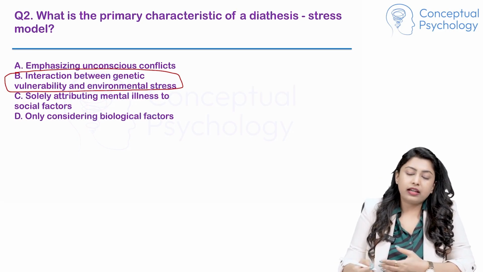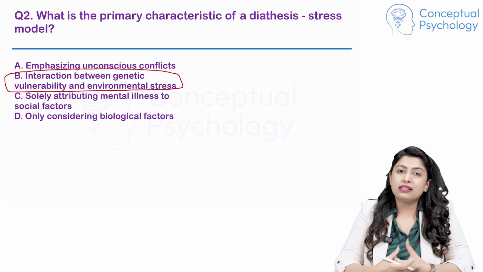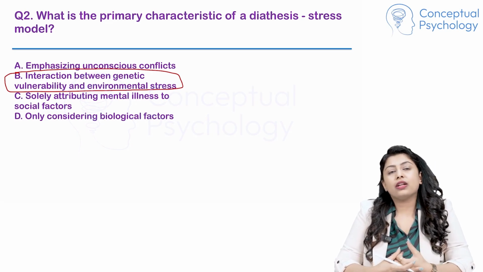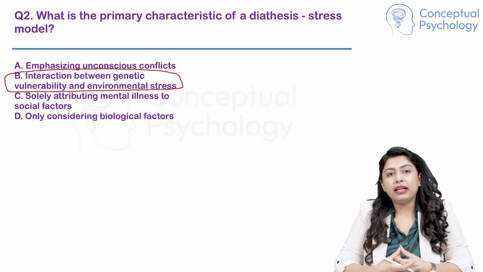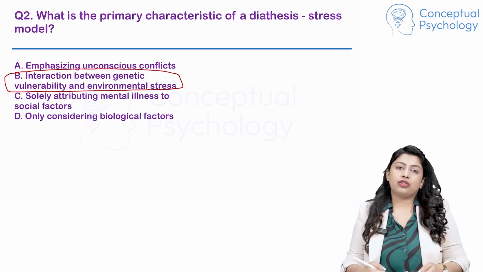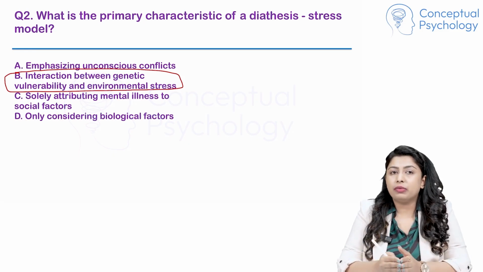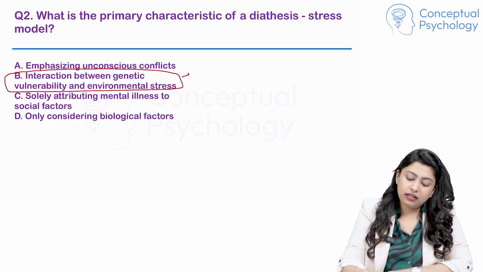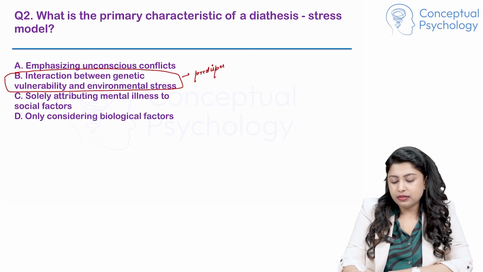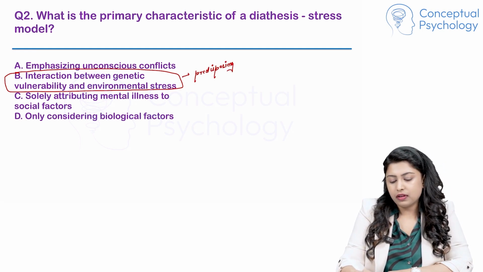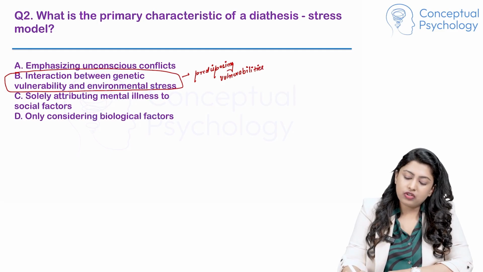Why is this the correct option? Because the diathesis stress model is a psychological theory that explains the development of mental disorders through the interaction of predisposing vulnerabilities, which are known as the diathesis.